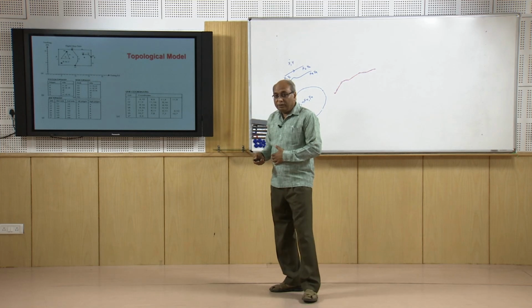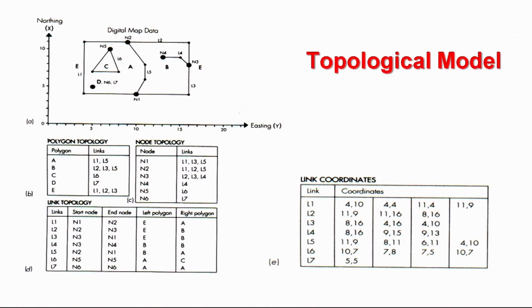Whereas in the topological model, with almost the same example, you have one point data, line data, and polygon data. Now, in order to store in the topological model, instead of having just one table for all kinds of data, we now have 4 tables: the polygon topology table, node topology, link topology, and link coordinates.